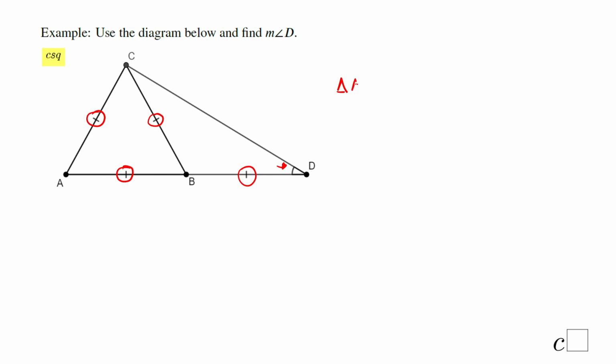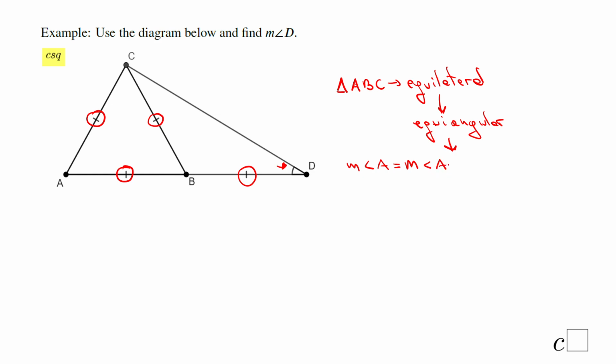Triangle ABC is an equilateral triangle, which means it is also equiangular, which means the measure of angle A is the same as the measure of angle, I'm not going to call it B because we have multiple angles of the same vertex, ABC, and this is equal to the measure of angle BCA.